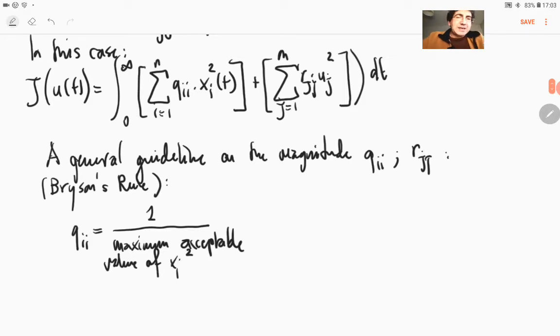Remember that it is an inverse relationship simply because if we want to suppress x_i, we want it to have a larger contribution into the cost, so that the optimization suppresses that more. So if you have the maximum acceptable value of x_i as a larger value, that means you can allow x_i to be larger. That means you assign a smaller value for q_ii, and that makes the contribution of the state in the cost function smaller.